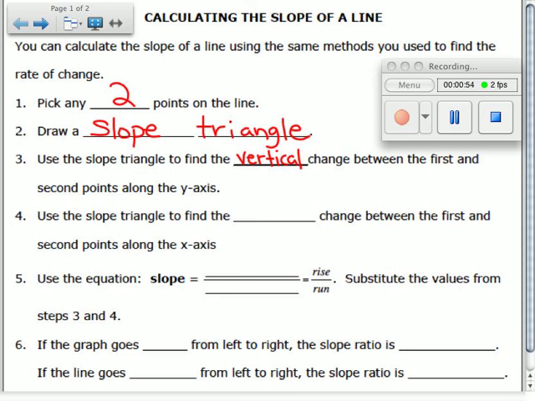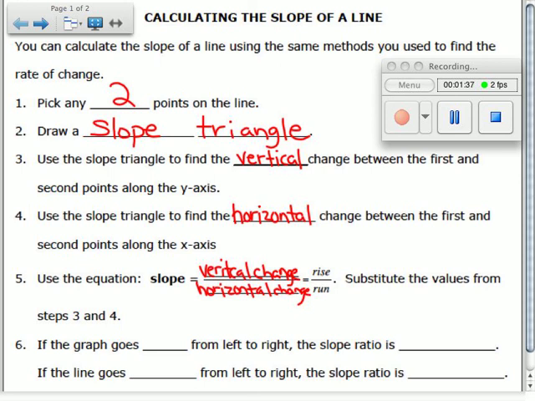The x-axis runs left to right, so that would be the horizontal change. 5, use the equation slope equals vertical change over horizontal change, or we like to just call it rise over run. That's the easy way to say it.